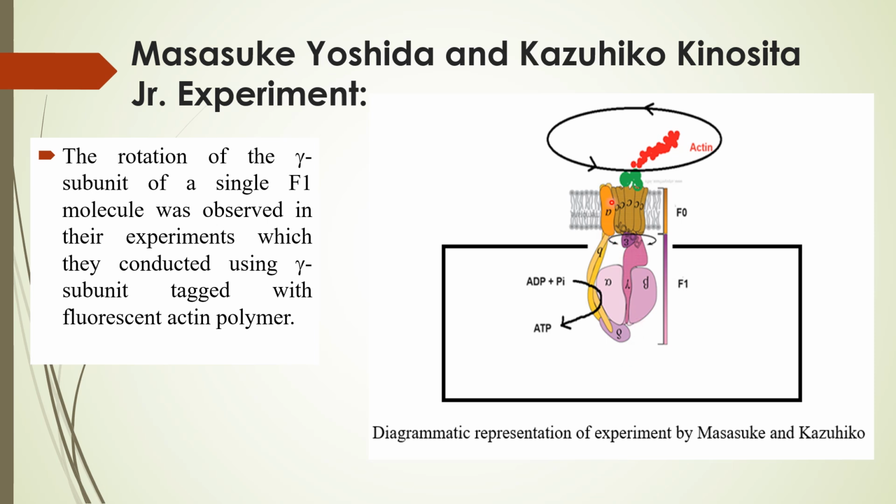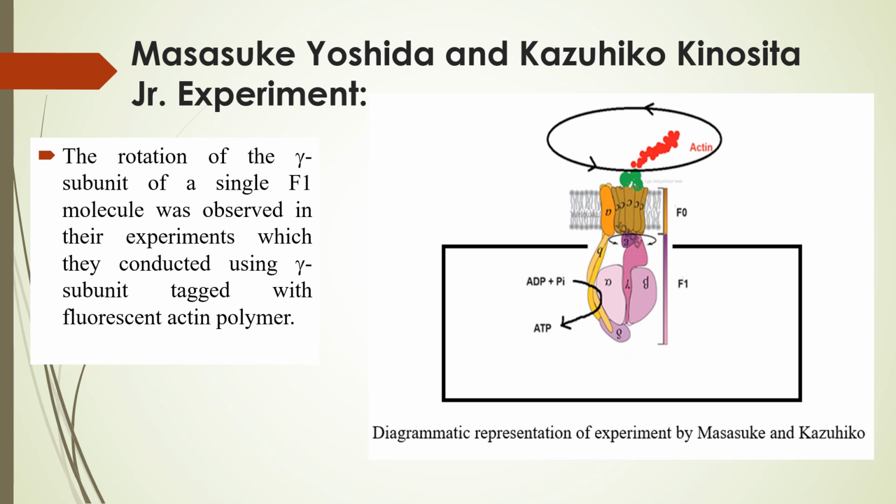What they did is, to the gamma subunit they tagged a fluorescent actin protein, and this is to prove that ATP synthesis is taking place as something is moving. So they started taking pictures at regular intervals, and when this was done they found that it is rotating and then it is contributing to ATP synthesis also.